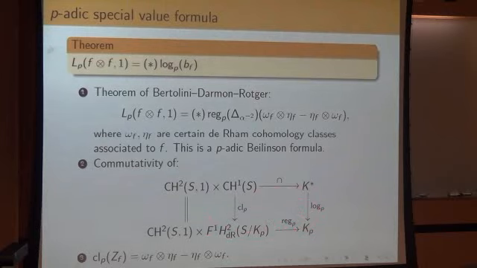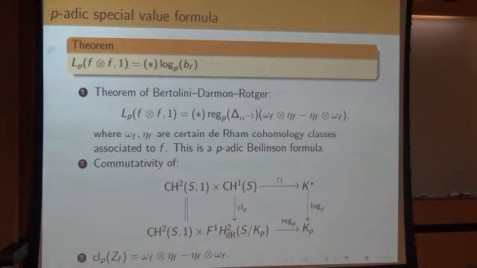And so you have to use some comparison isomorphisms of the form that we saw in Yasuda's talk, and some compatibility in these comparison isomorphisms with respect to cup product and cycle class maps in order to then reduce to some fact about the étale regulator, which you can explicitly calculate. Okay.